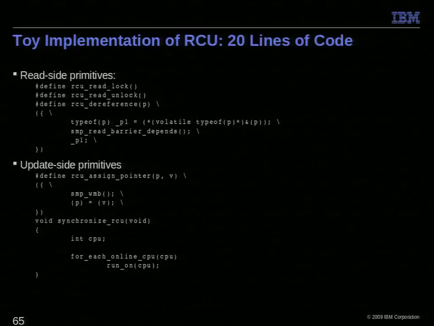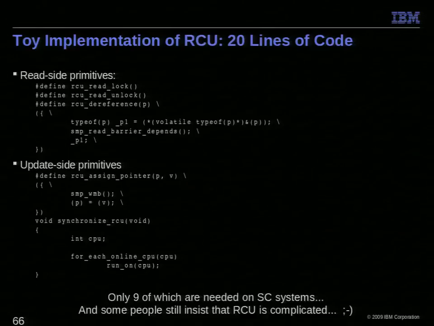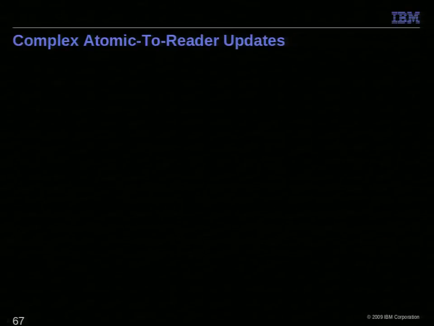Actually, it's only about 9 lines of code if you had a sequentially consistent machine, because you could just use assignments instead of rcu_dereference and rcu_assign_pointer. You know something? People still insist that RCU is complicated. No idea why.